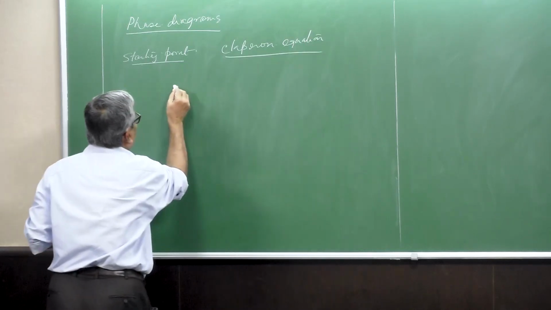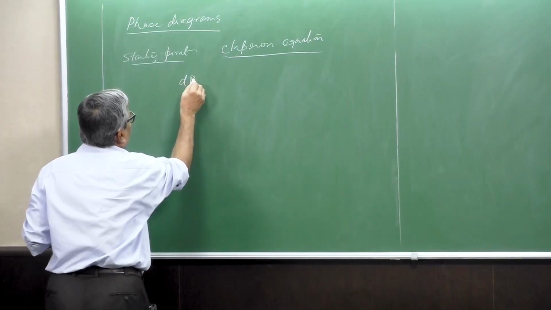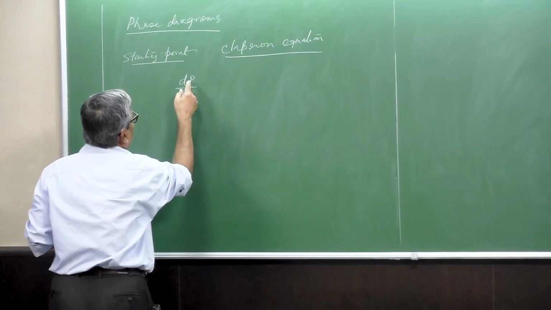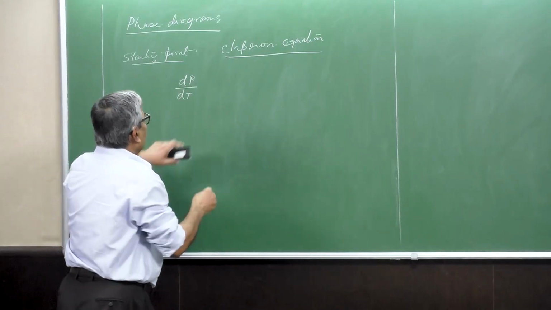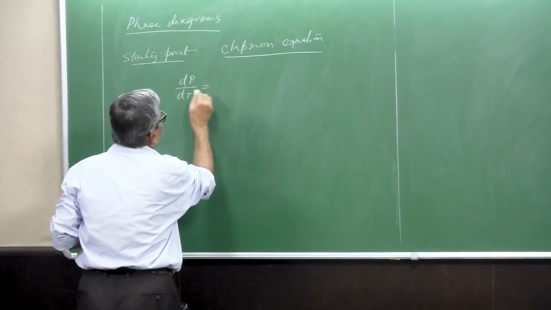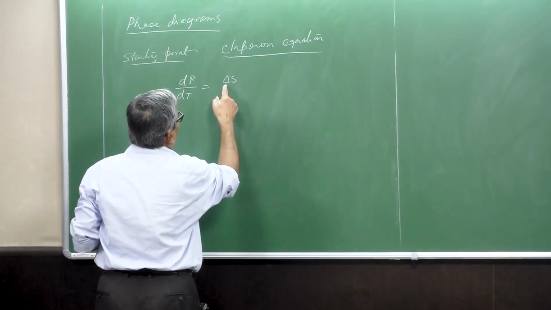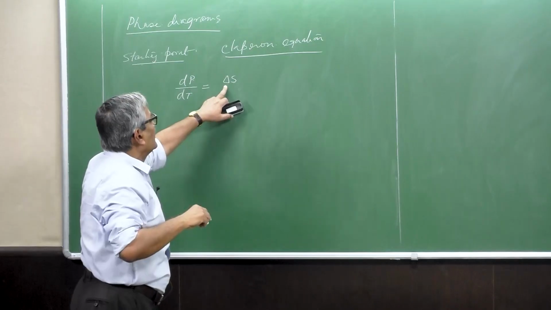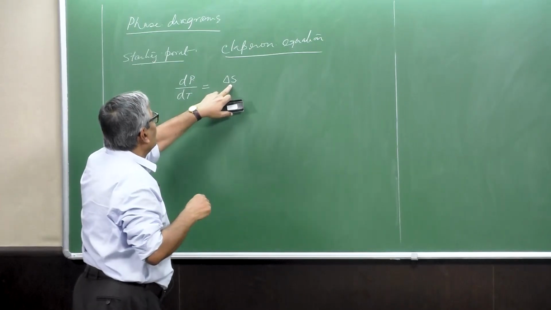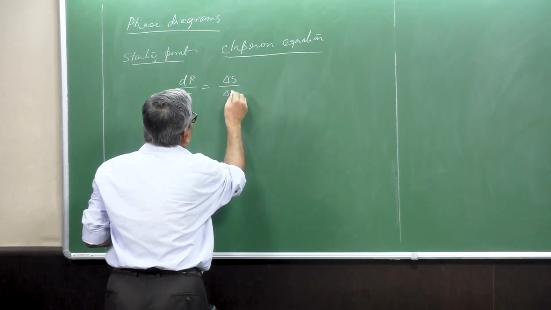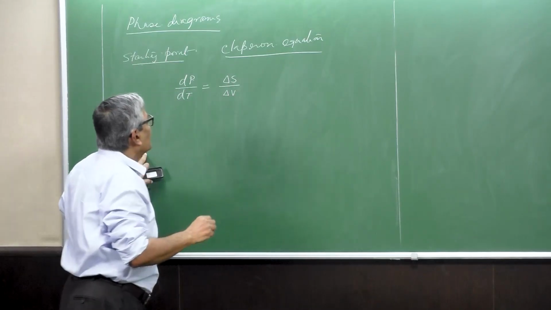So, it tells us that if the temperature of the system is changed by dT, then dP has to be changed in such a way that dP/dT is equal to delta S molar, the entropy change between the phases, divided by delta V molar, the volume change between the two phases.